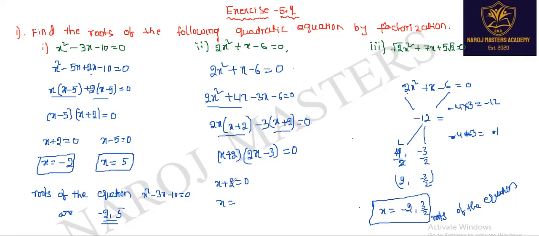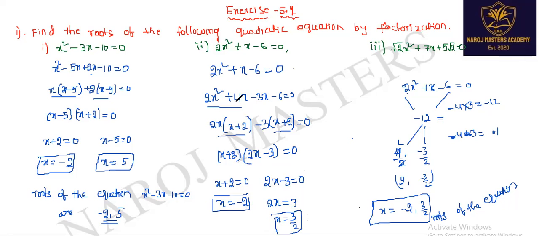Then x is equal to, if you send this plus 2 to this side, it will become minus 2. This is one factor, or this is one root. And 2x minus 3 equal to 0. Then 2x is equal to, if you send this minus to this side, it will become plus 3. Then x is equal to 3 by 2. So this is another factor.